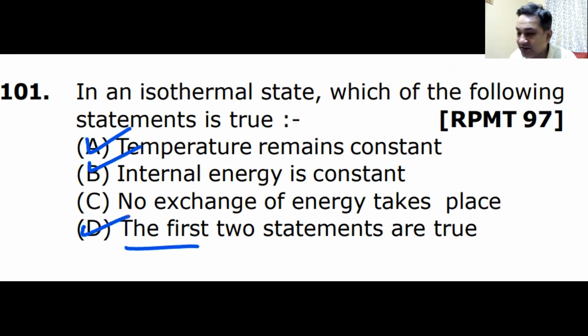Therefore, the correct answer is D, not 1. Internal energy and temperature are related to each other. If the temperature is constant, internal energy will remain constant. Anyways, remember these questions are going to come in the examination hall, so don't make this mistake.